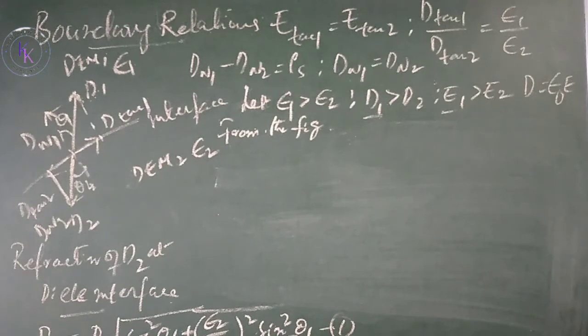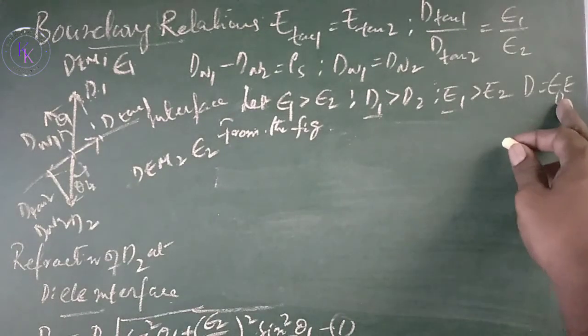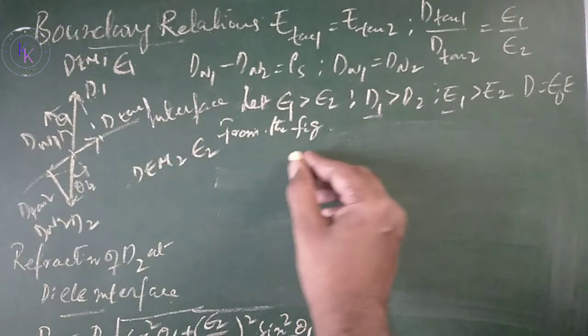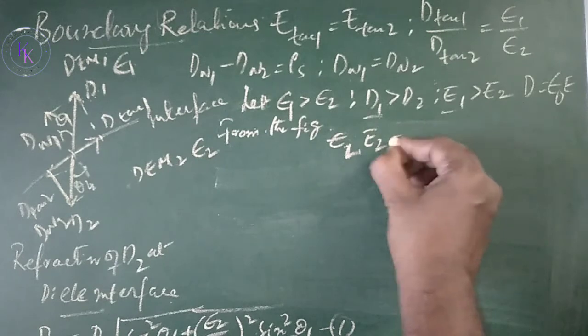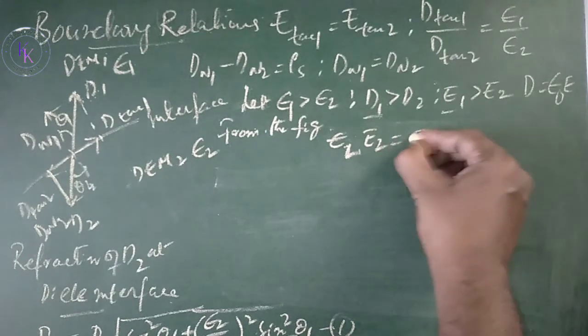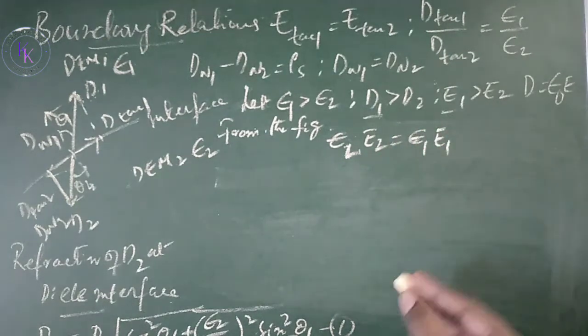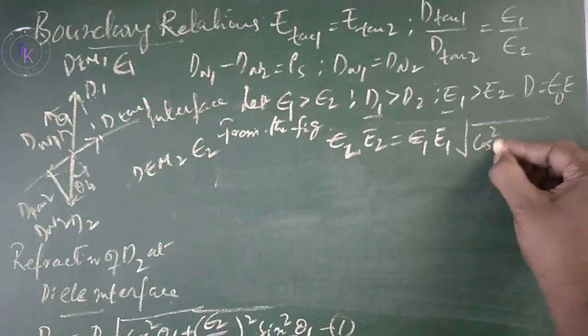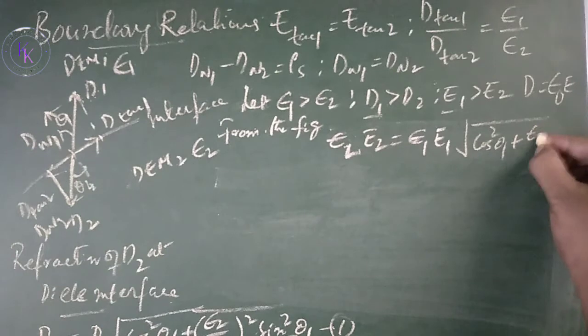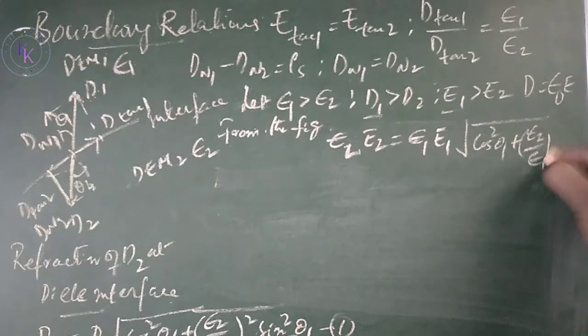Now substituting the values of D in terms of E in equation number 1, epsilon 2 E2 equals epsilon 1 E1 square root of cos square theta 1 plus epsilon 2 by epsilon 1 whole square sin square theta 1.